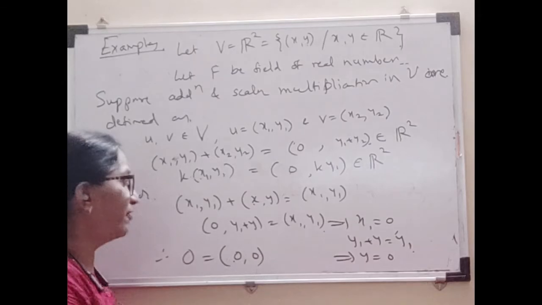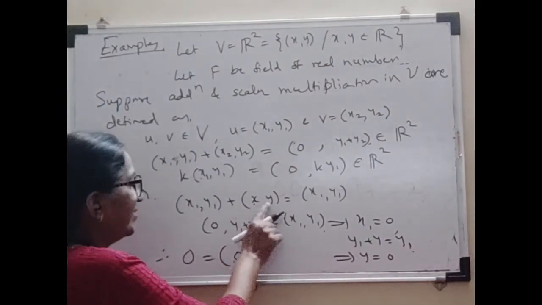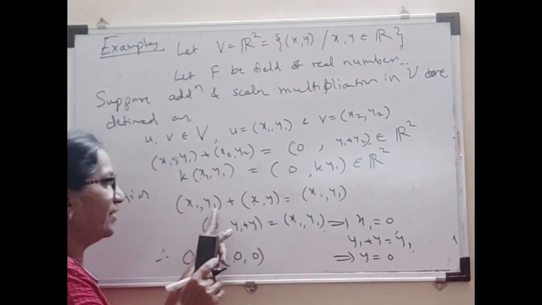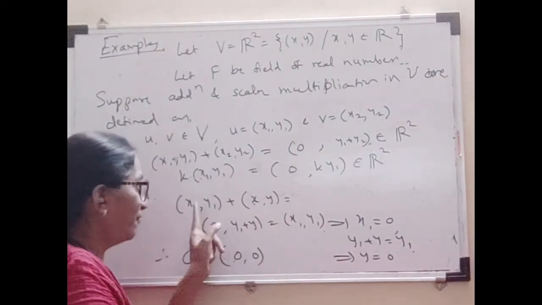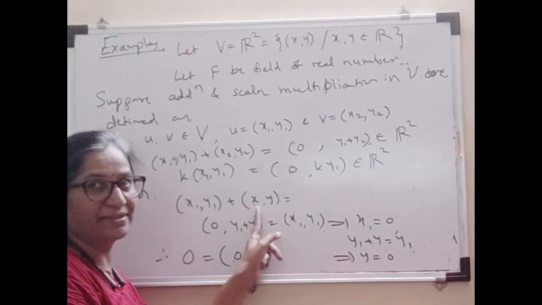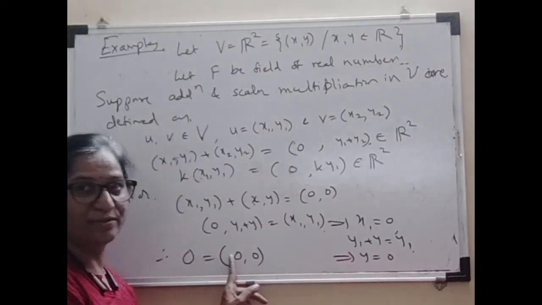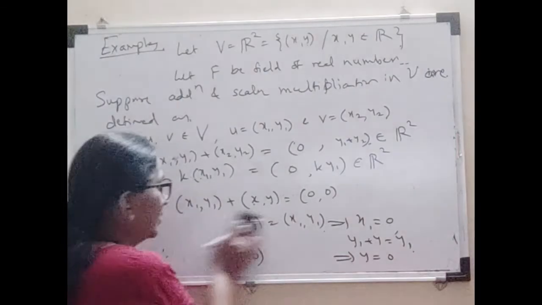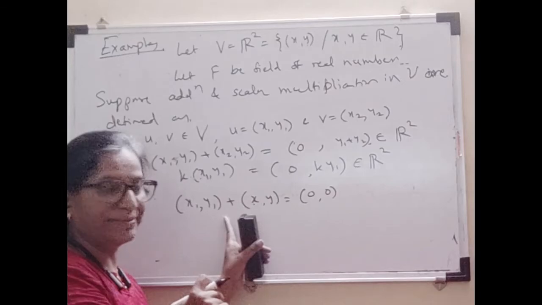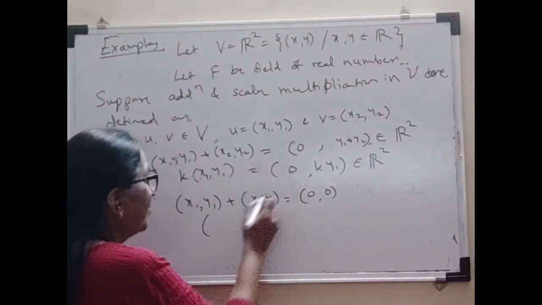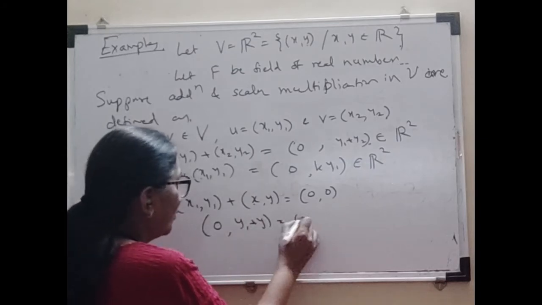What about the negative of a vector? Suppose (x1, y1) and this (x, y) is the negative of (x1, y1). What should be the sum of a vector and the negative of a vector? That should be equal to the 0 vector, and I know now the 0 vector is (0, 0). Using the definition of sum or addition in V, that is nothing but x1 plus x, we defined it as 0, and next y1 plus y, equal to (0, 0).